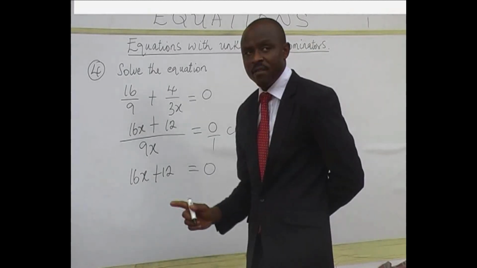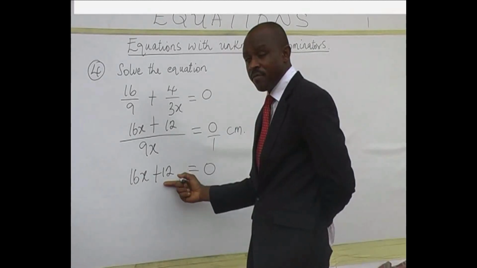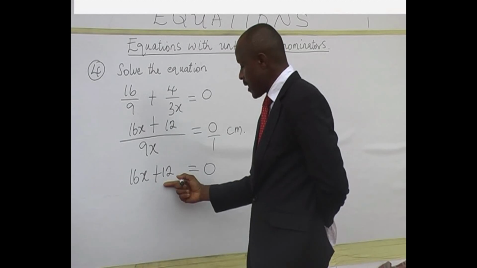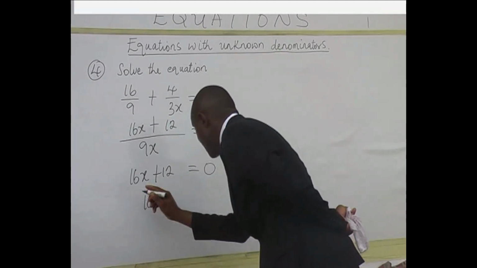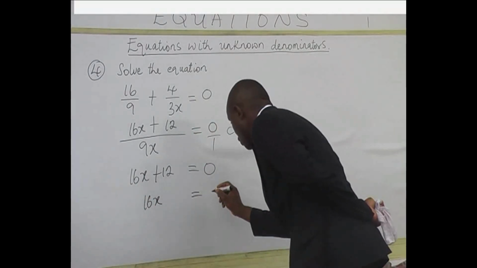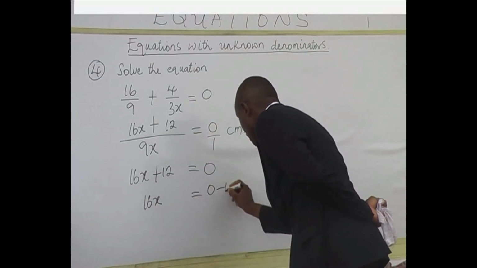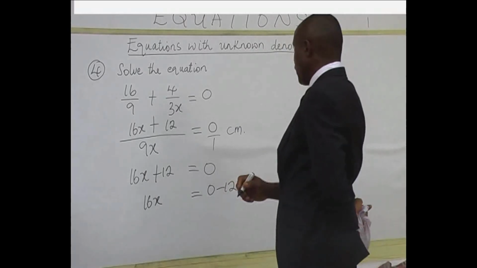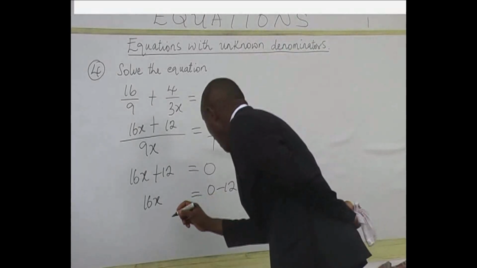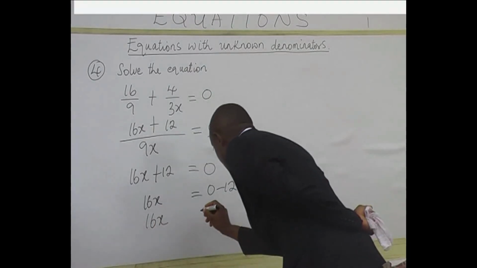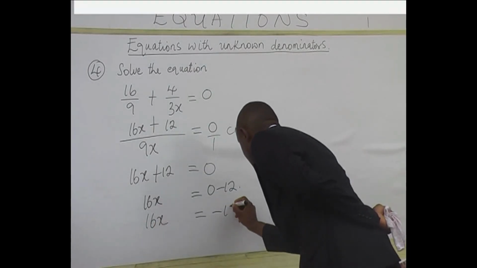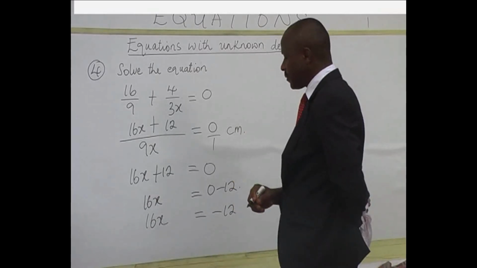Now subtract 12 from both sides of the equation so as to eliminate plus 12 in the left hand side. When you do that, you'll be left with only 16x in the left hand side, and it's going to be equal to 0 minus 12. Remember that 0 minus 12 is minus 12.